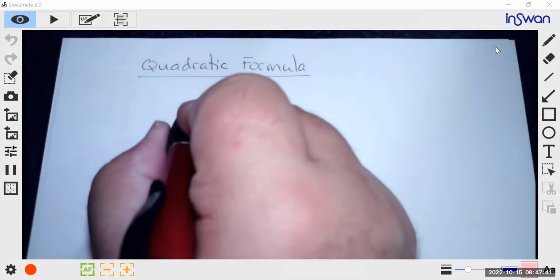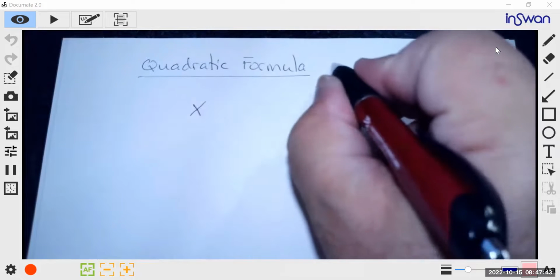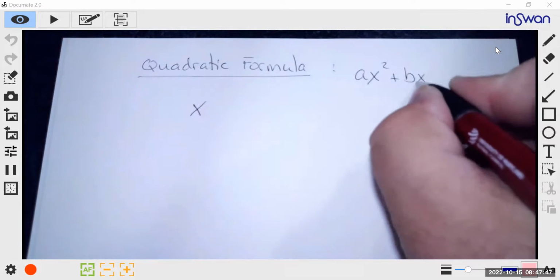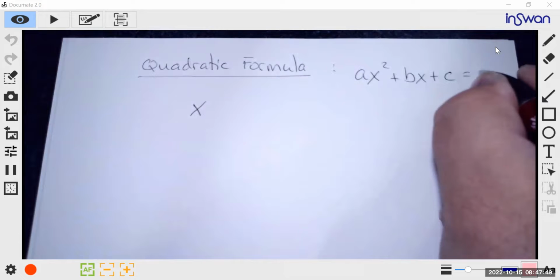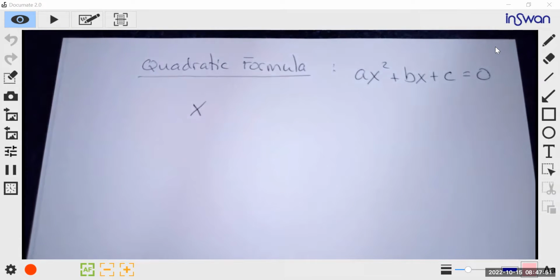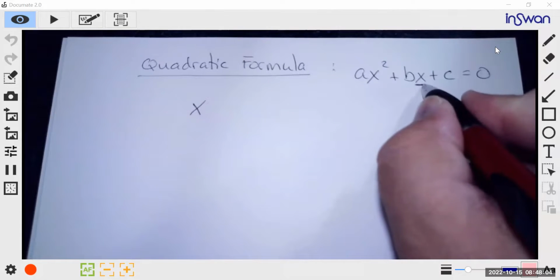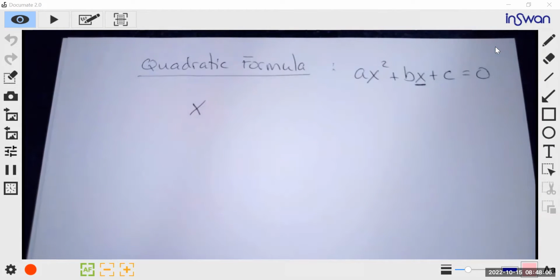The quadratic formula is just that. Remember, we have a quadratic equation. Whenever you use this formula, you're always solving for whatever the middle x is.